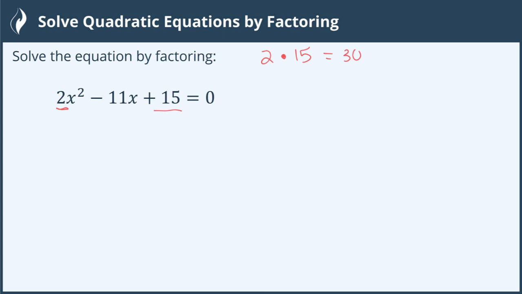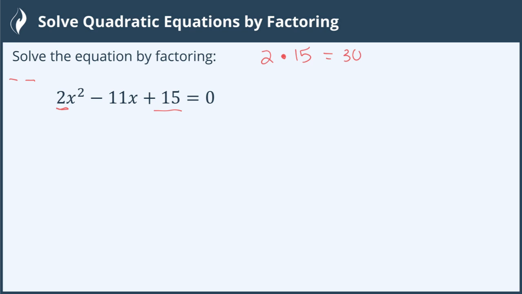So we have a negative and a positive. So what that tells me is that when I'm factoring, I'm going to have a negative and a negative, and so that means I'm going to be subtracting my factors.